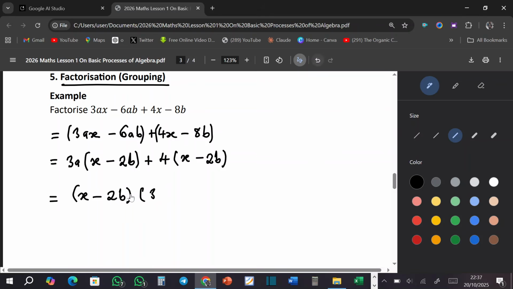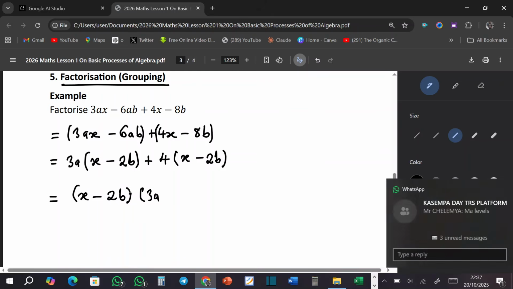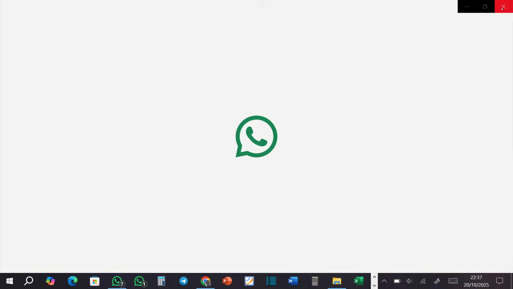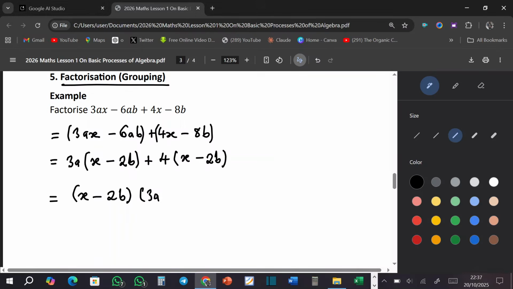Say 3a, then you shift this side. What are you remaining with? 4. So you say plus 4. So you just leave it like that. It's done. You are done in factorizing.